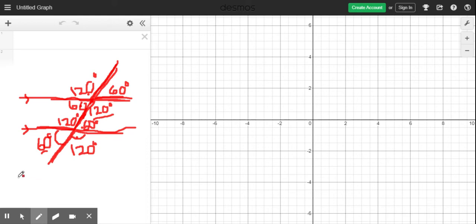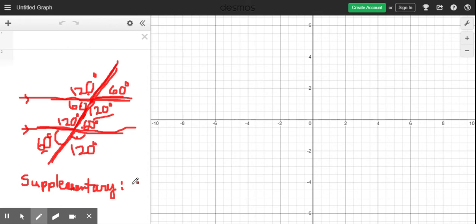Okay. Don't forget that vocab word, that supplementary angles add up to 180 degrees. If you had complementary, it would add up to 90. I think I heard somebody say it.